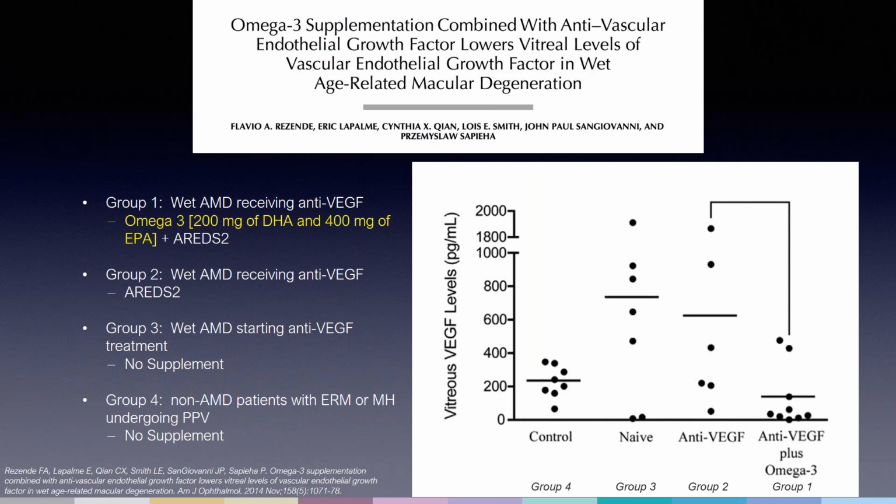It's very simple to extrapolate that this effect may be at least partly responsible for the effect we see in diabetic patients receiving anti-VEGF therapy, and certainly wouldn't be harmful for all patients with diabetes with elevated VEGF levels to benefit from that type of effect.